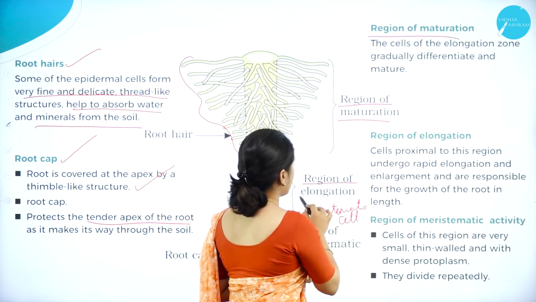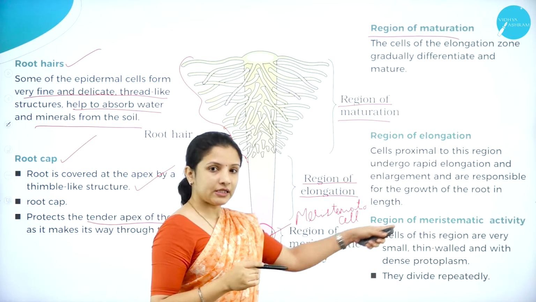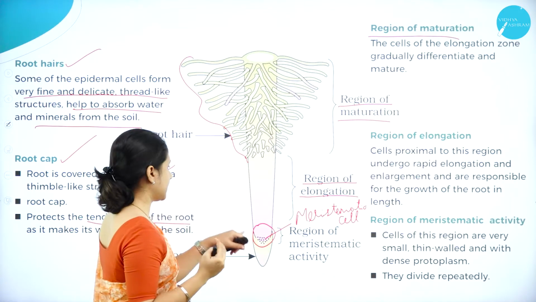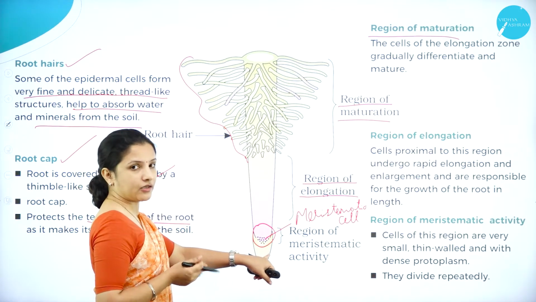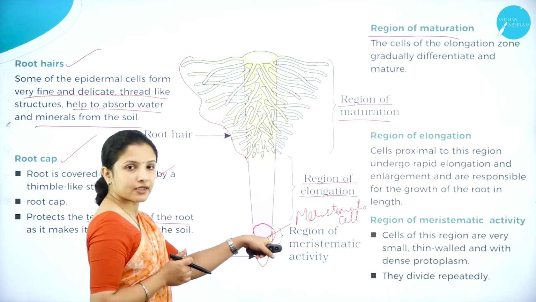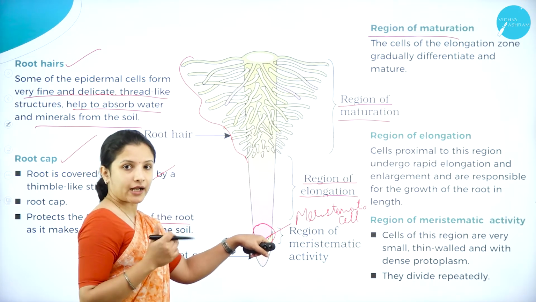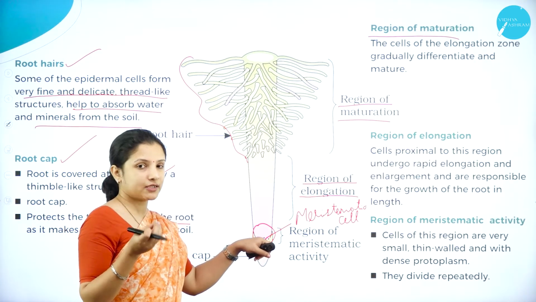Next, moving on to the region of elongation. I'll just tell you how it takes place here. The root is increasing in length and moving through the soil. If the root has to increase in length, what did I tell you? The meristematic cells should actively divide. So the meristematic cells will be actively dividing and new cells will be formed.